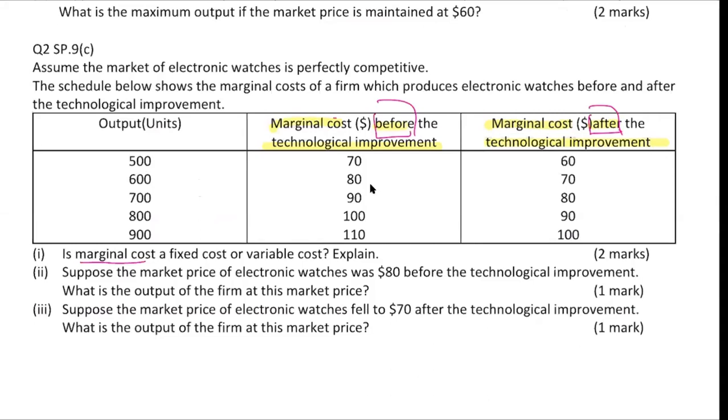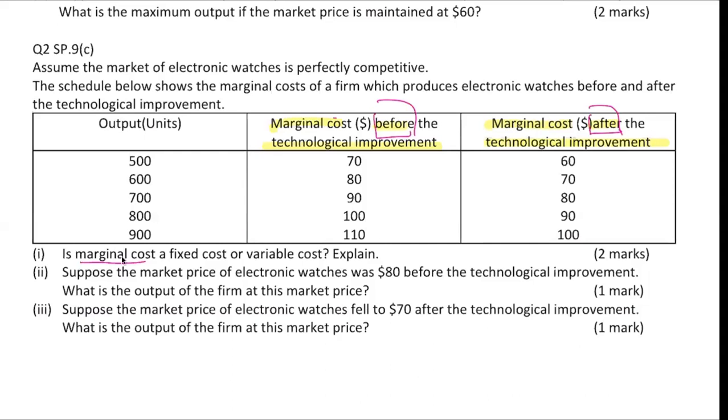Okay, so maybe we continue. Okay, so it asks you whether the marginal cost is a fixed or variable cost. Very simple. Which one? It's both. Oh no, it's the total cost. The marginal cost.